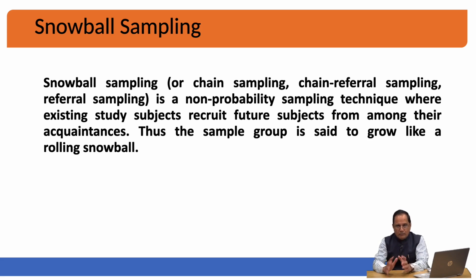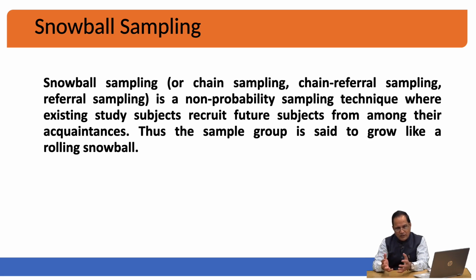It can be better understood with the help of one example. Again, if we want to conduct a study on patients of AIDS or those who are HIV positive, and for that purpose suppose we have approached some hospital or some HIV counseling center or some HIV or AIDS testing center, we will go there, and from there we can get data.